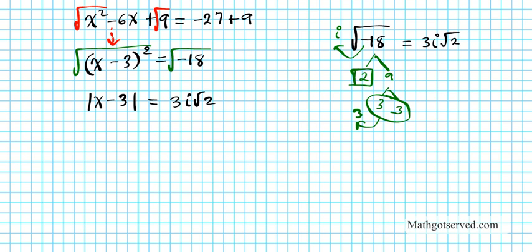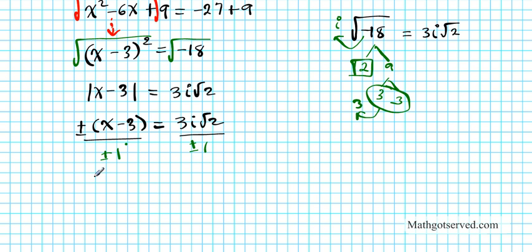To get rid of the absolute value, we'll replace it with plus or minus per the definition of absolute value. Divide both sides by plus or minus 1, to move the negative and positive to the right. So we're going to have x minus 3 equals plus or minus 3i root 2.